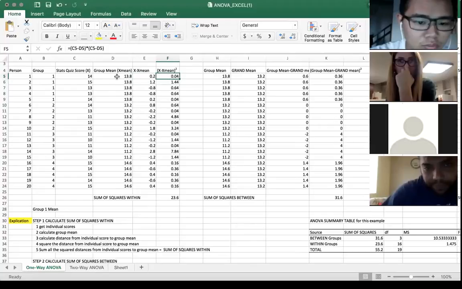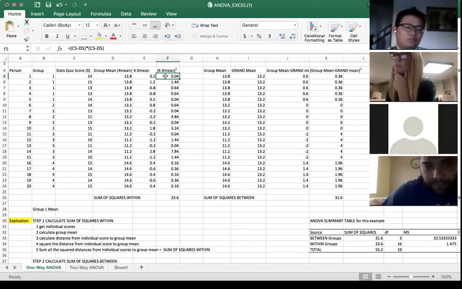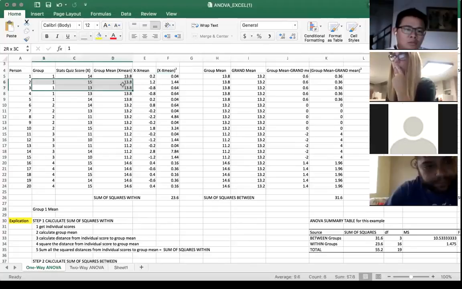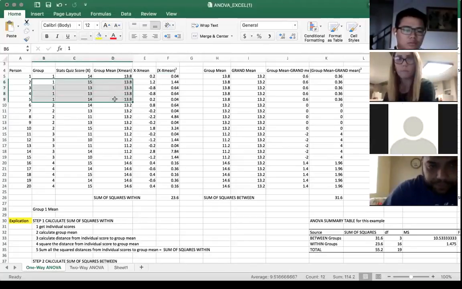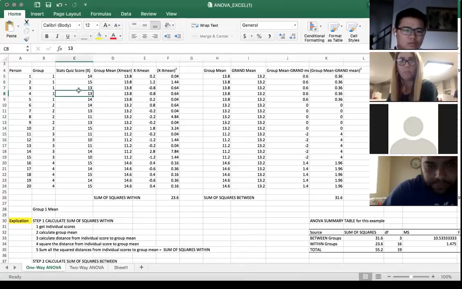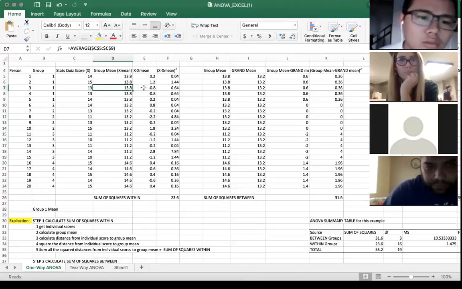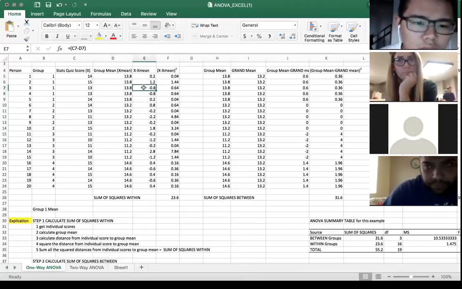And if you notice, this is what we used to do to calculate a standard deviation. Okay. Now we do that for each person in group 1, right? Notice that the person that had 13, the group mean is 13.8, so that person is actually negative 0.8.